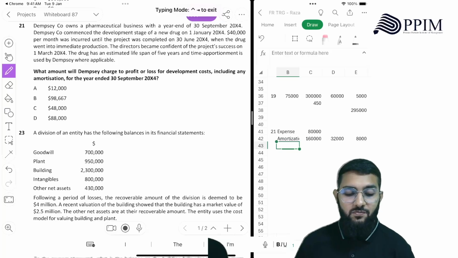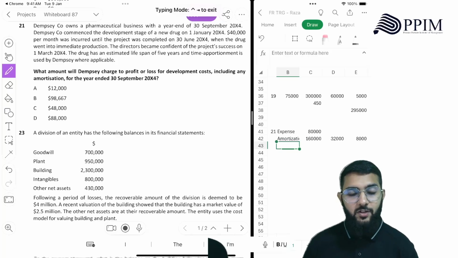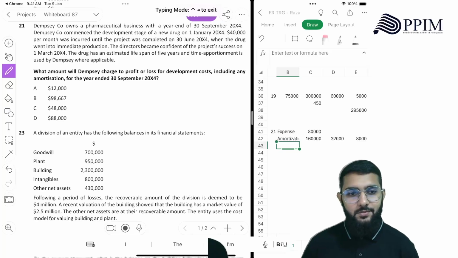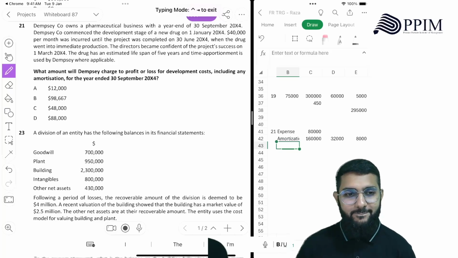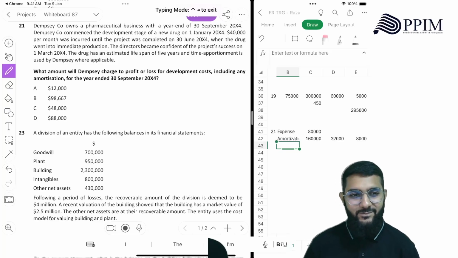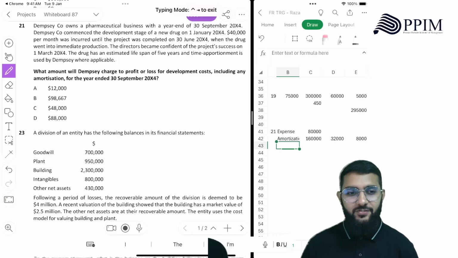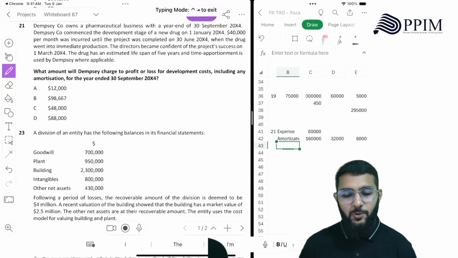They are saying the value of the building is 2.5 million, but actual cost of the building is 2.3 million. So actual value in the market is higher, right? When does impairment happen? When the recoverable amount is lower than the carrying amount. What's the recoverable amount? Higher of fair value less cost to sell and value in use, right? So 2.5 million is the market value. 2.3 million is the cost.